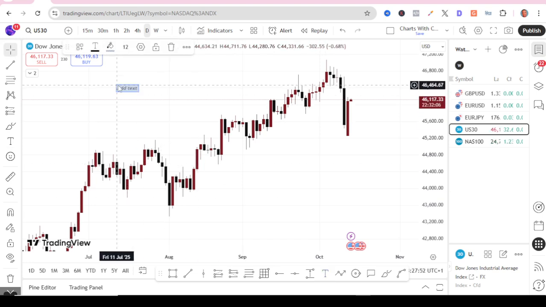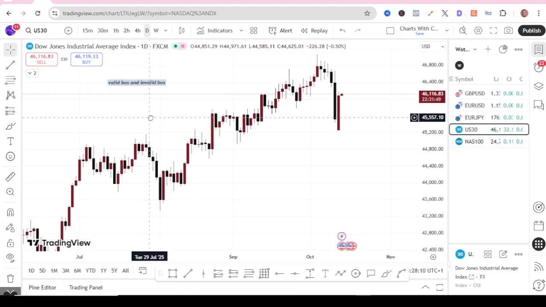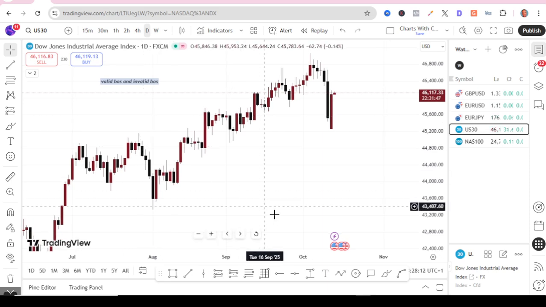So basically this is what we'll be talking about now, and I'll show you how to identify a valid break of structure, right?